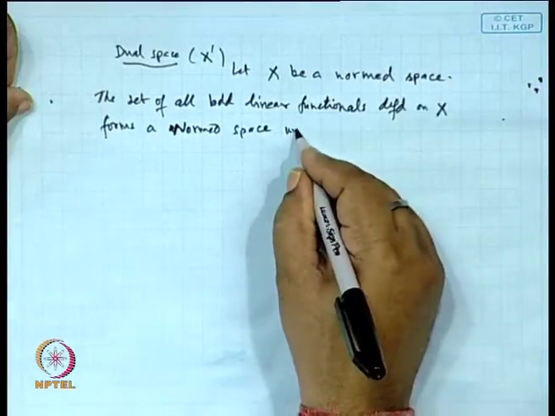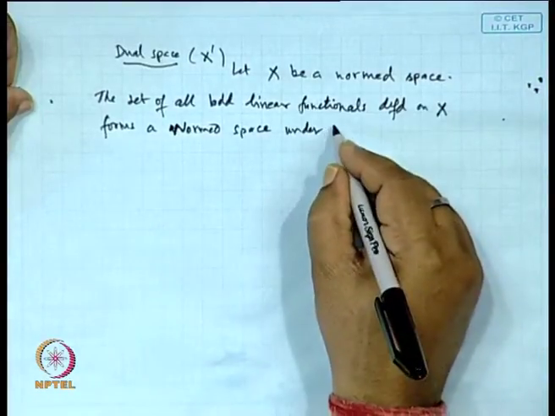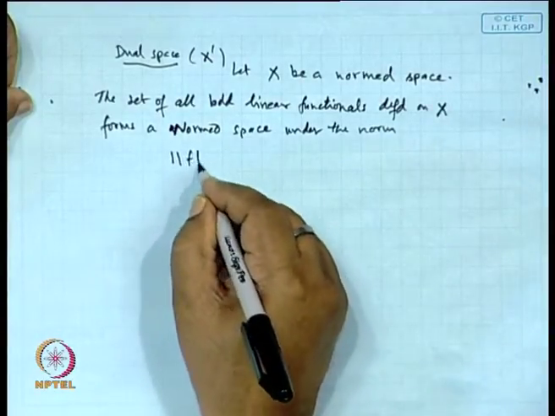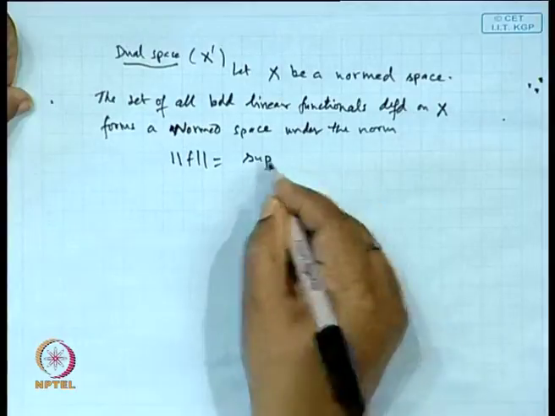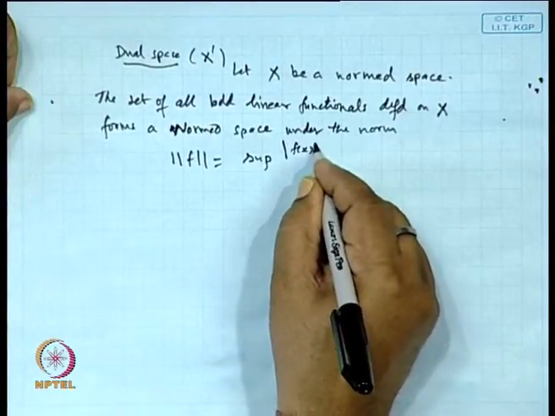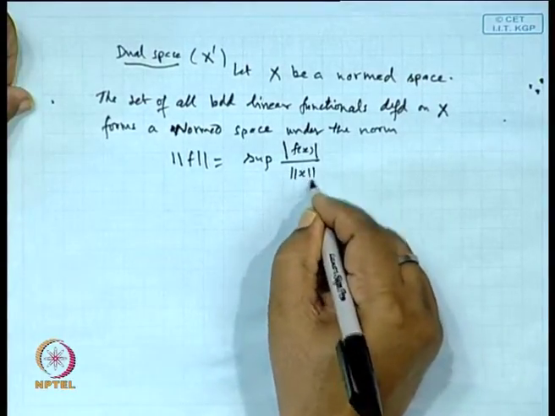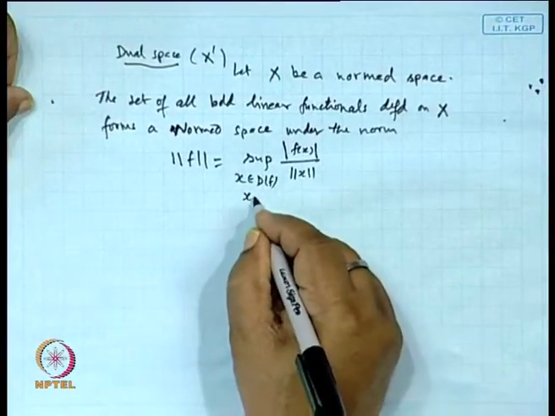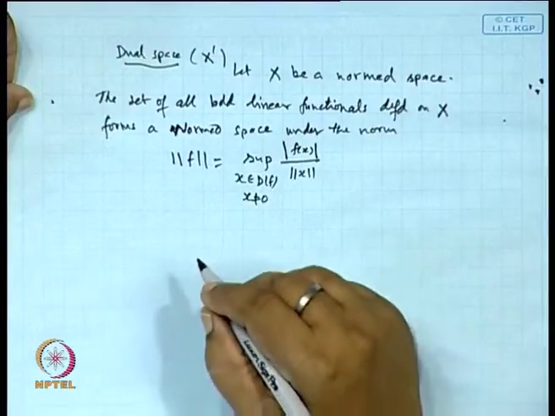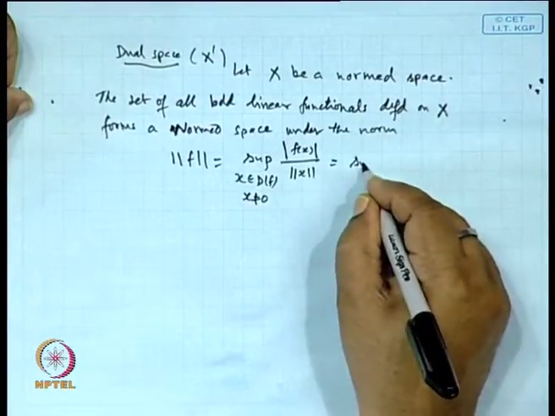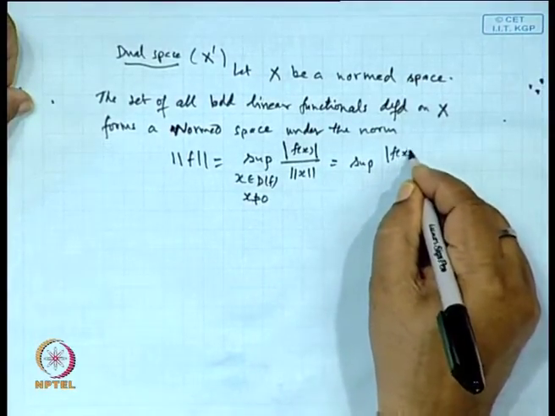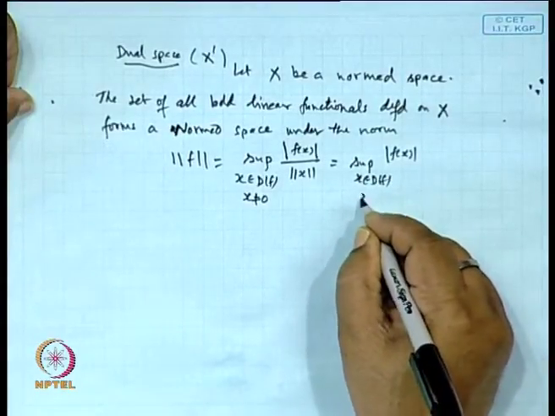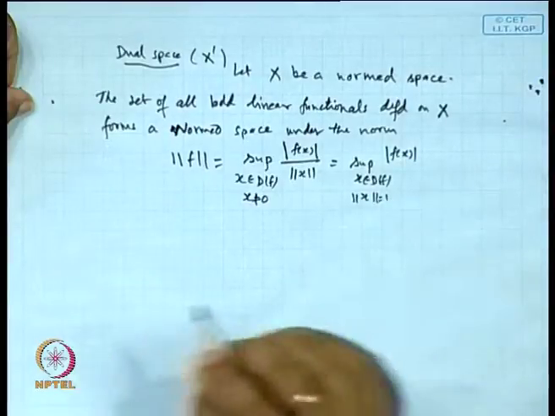under the norm ||f|| = supremum of |f(x)| over ||x||, where x belongs to the domain of f and x is not equal to 0, and this is the same as supremum of |f(x)| where x belongs to the domain of f and ||x|| = 1.